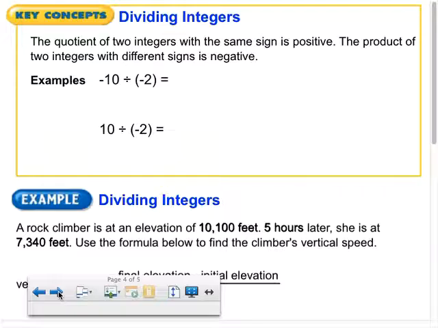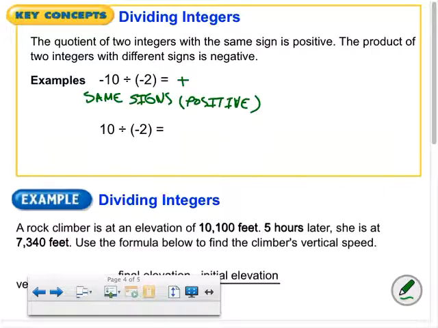Okay, so if they're the same sign, what will my answer sign be? Same sign is positive. So my answer sign, because they're the same signs, will give me back a positive answer, positive result.